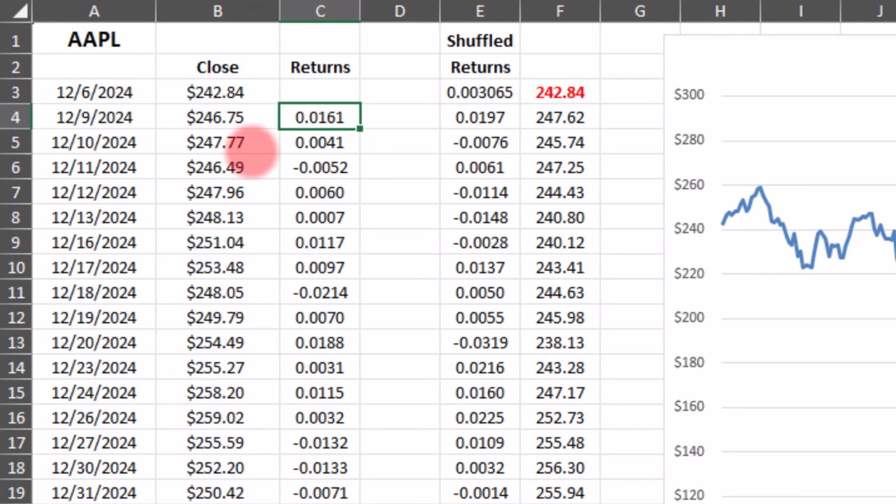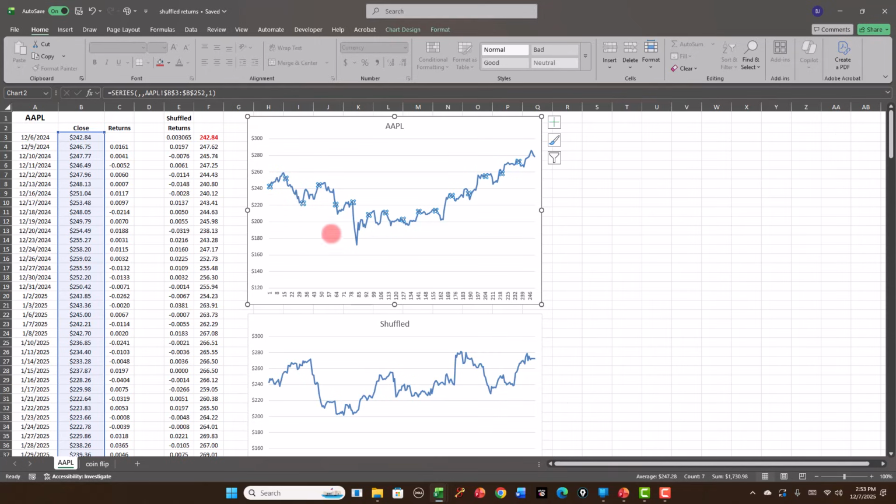On the third day here, it closed at 247.77. We divide that by 246.75, and the return is right there, 0.0041. And so when we look at all of these closing prices right here, we get the stock price path of Apple over the last year.